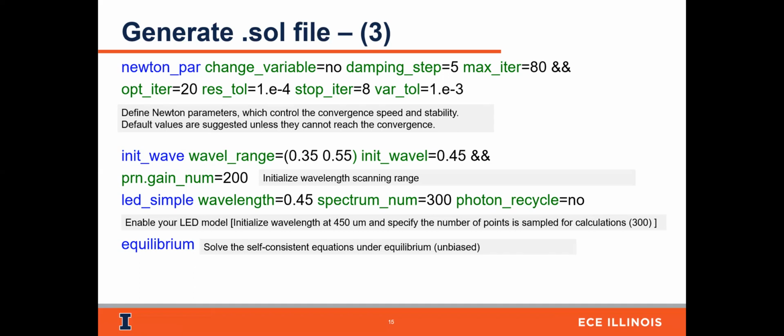First, we solve the self-consistent equations under equilibrium conditions, and under this condition, we are not biasing our device, and this is a good initial condition for us before ramping up our voltage.